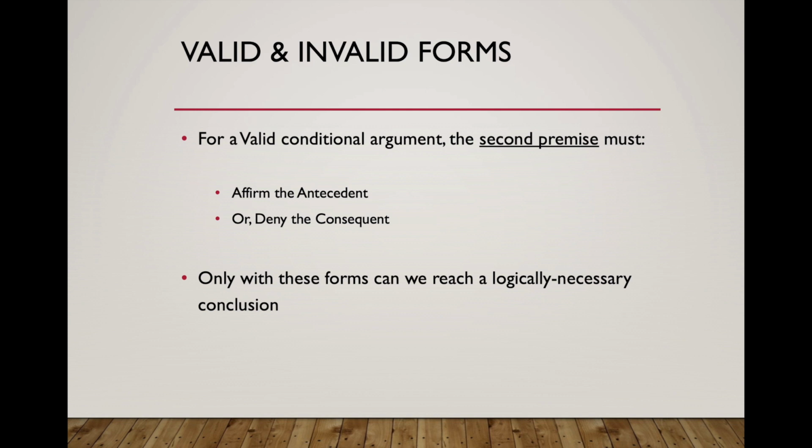Does that second premise refer to the antecedent, or does it refer to the consequent? And then we want to know, does it affirm or deny the antecedent, or does it affirm or deny the consequent? A conditional argument is valid only when the second premise affirms the antecedent or when it denies the consequent. Those are the only forms that allow us to reach a logically necessary conclusion.